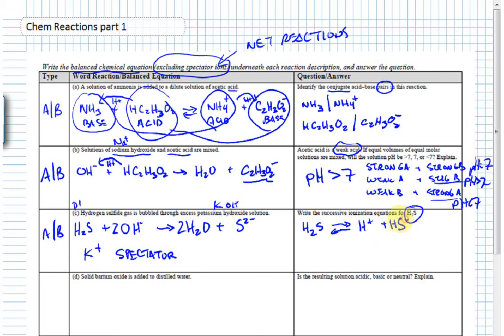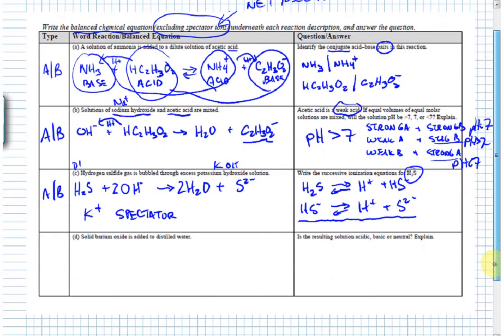It loses 1 proton. And then the HS minus further ionizes to form another H plus and S2 minus. Notice that if you add up these two successive or stepwise ionizations, you get the overall reaction that we have over here. Okay? All right? Good.